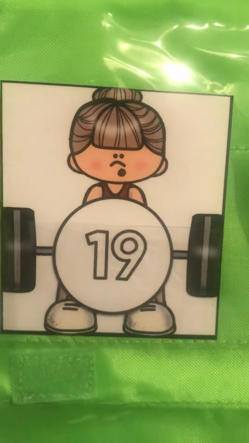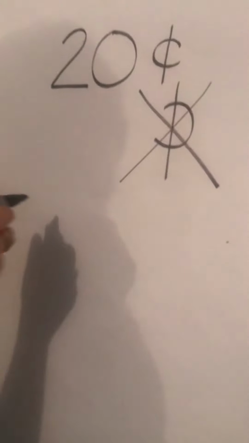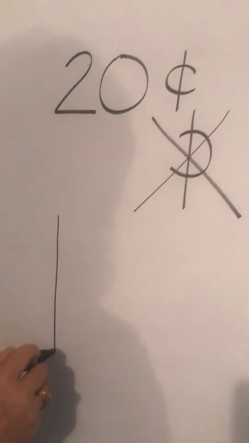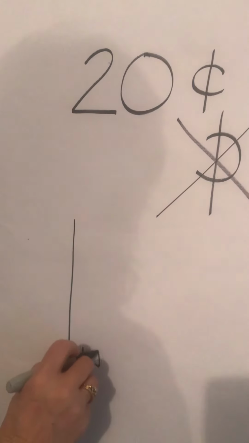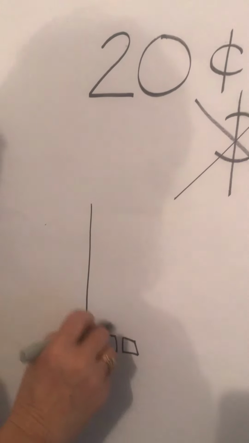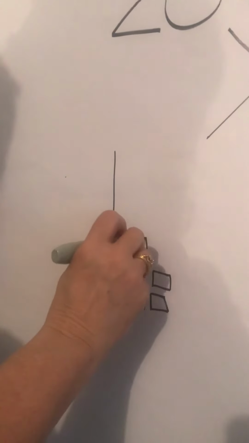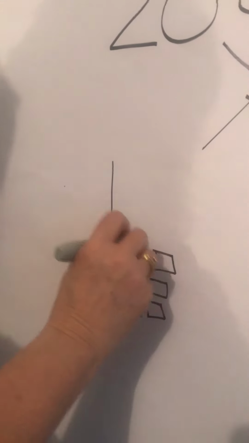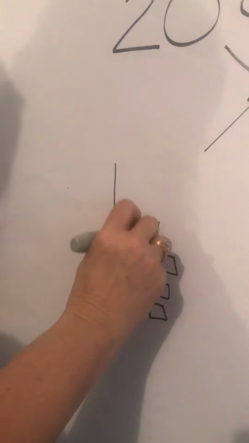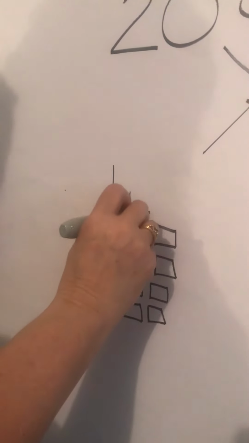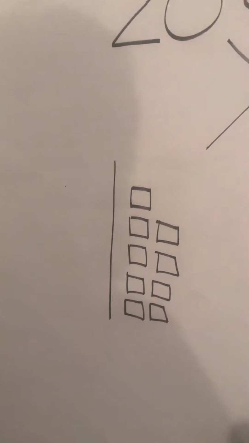So when we draw the blocks for 19, we're going to draw one long one, that's 10, 11, 12, 13, 14, 15, 16, 17, 18, 19. 10 and 9 more makes 19.